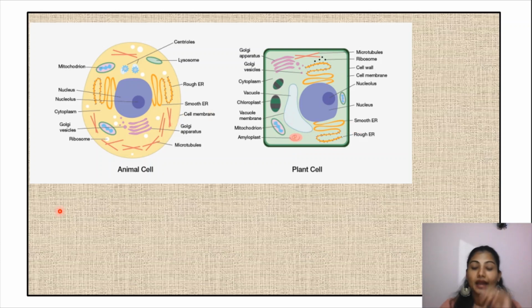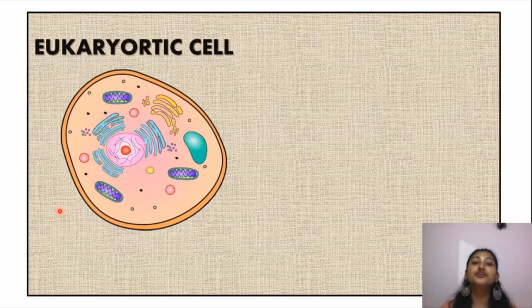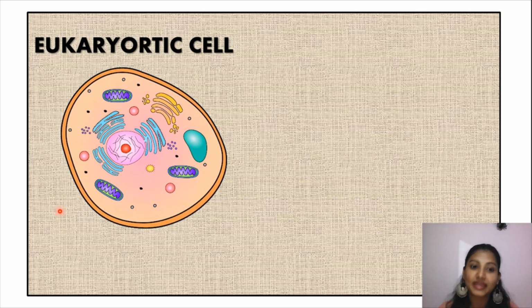Now students, most of the animal cells and plant cells are eukaryotic cells. Yes, they have a confined nucleus in which the DNA or the genetic material is present.